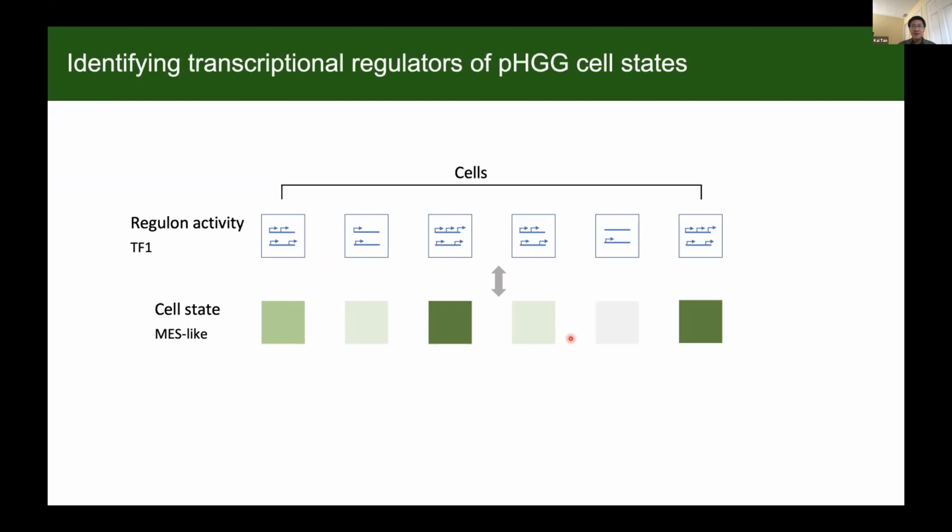So basically, here's the way we try to identify those key regulators. For each regulator, using our RNA-seq data, we can evaluate its activity across the genome using our ATAC-seq data, and then we correlate this regulon activity across the cells with the cell state signature for the different cell states.